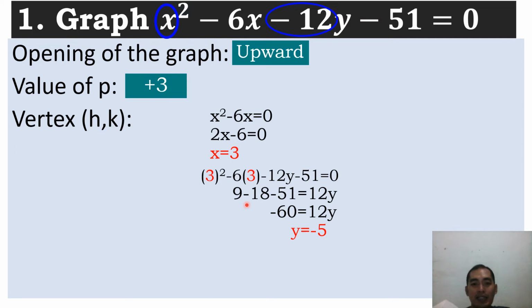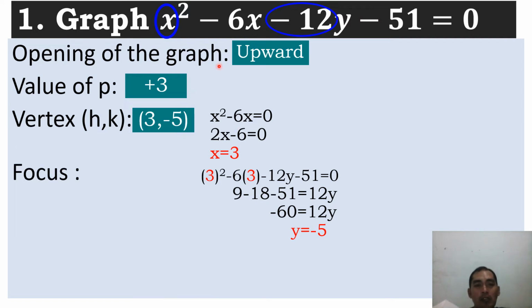Negative 51 plus negative 18 is negative 69. Plus 9, unlike sign, subtract. So 69 minus 9 is 60. The sign is negative. Negative 60 divided by 12 is negative 5. That's the value of y. Now, the vertex became 3, negative 5.